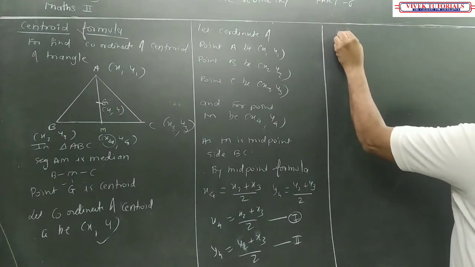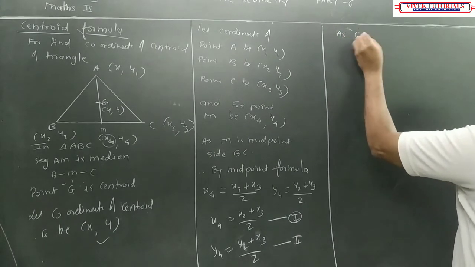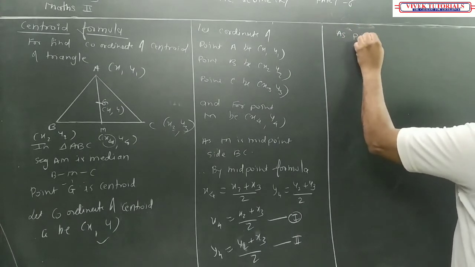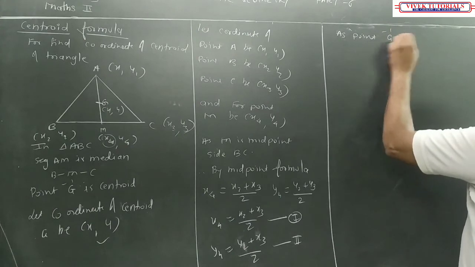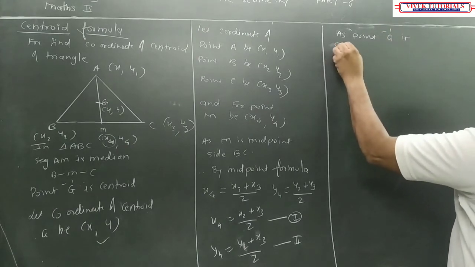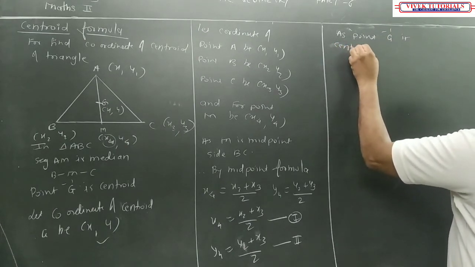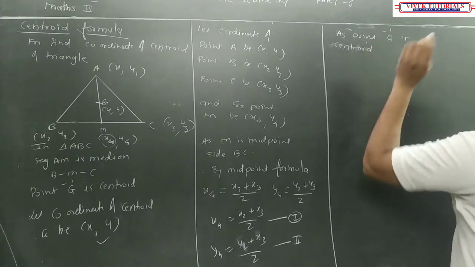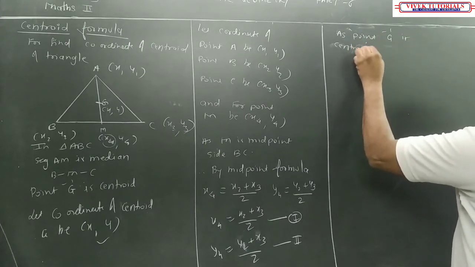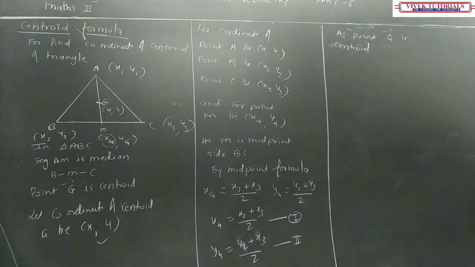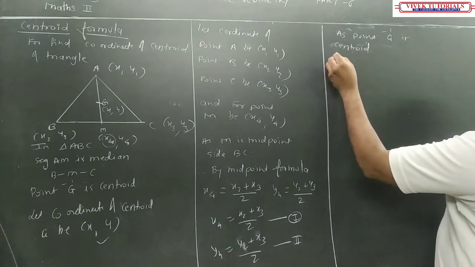As point G is centroid, G is centroid. And I told you that उसका एक property है. That what is the property?